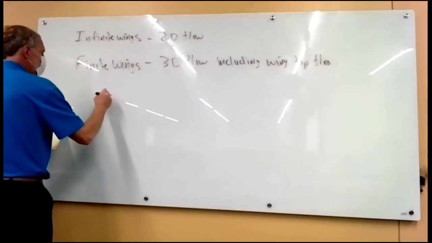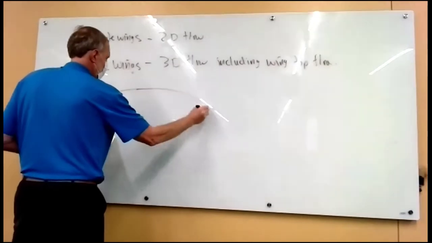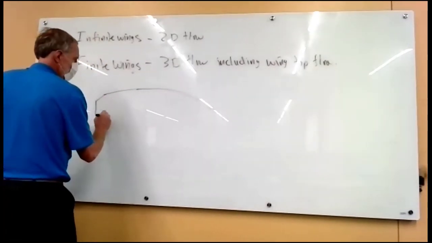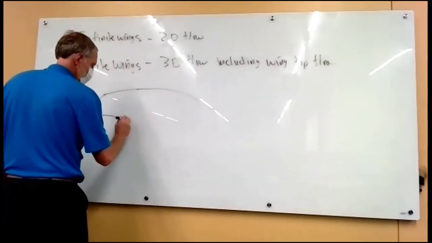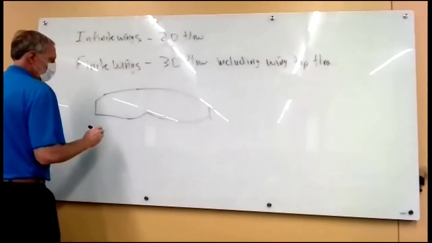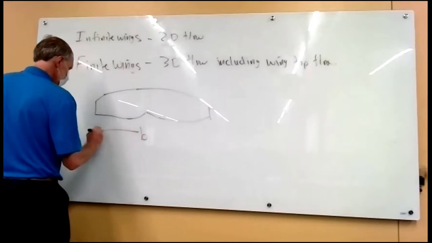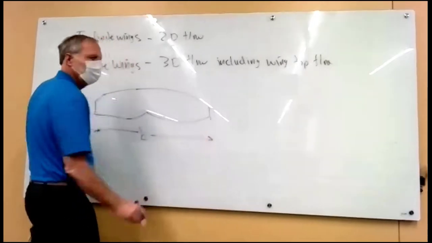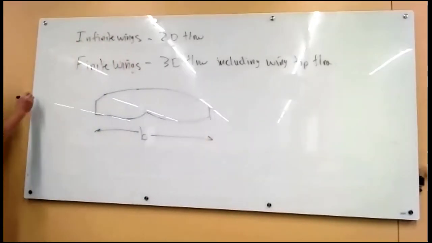So if you look at a wing, like that, it's going to have a wing span, and that's just the tip-to-tip length of the wing.